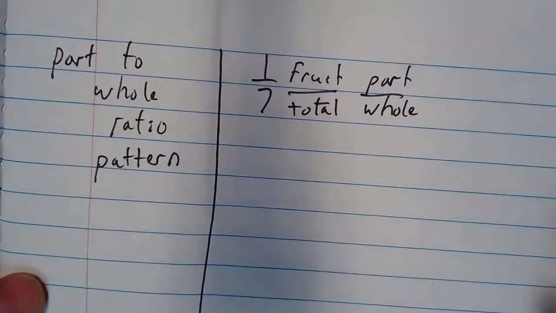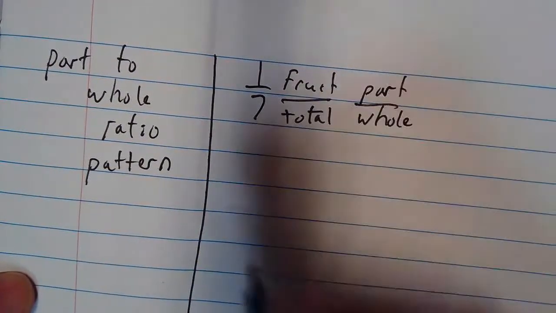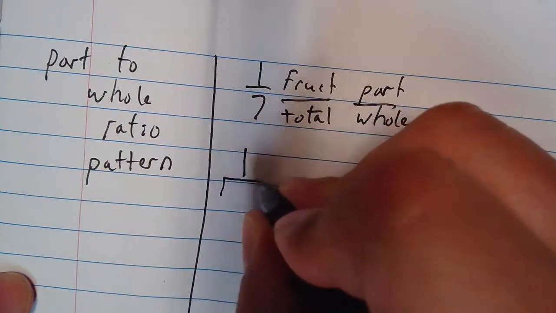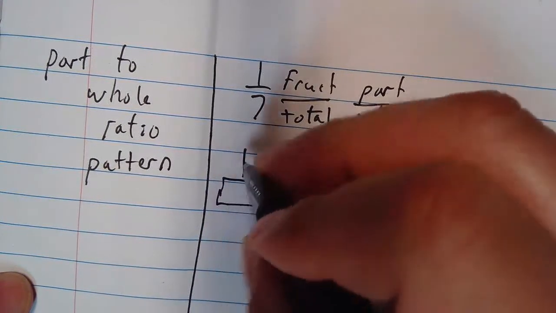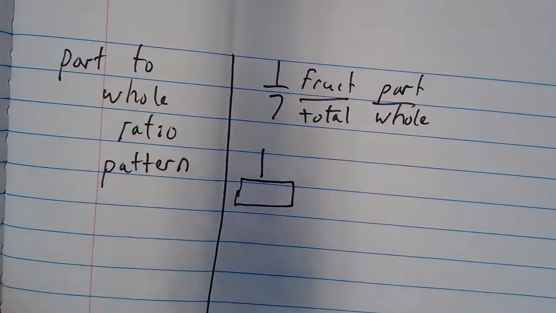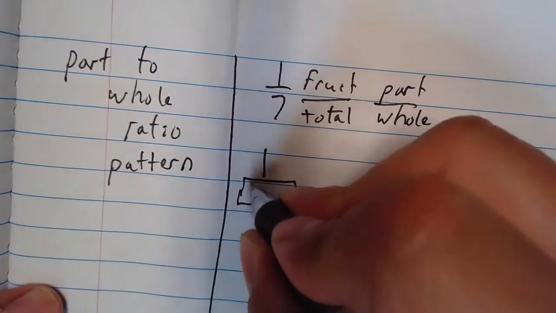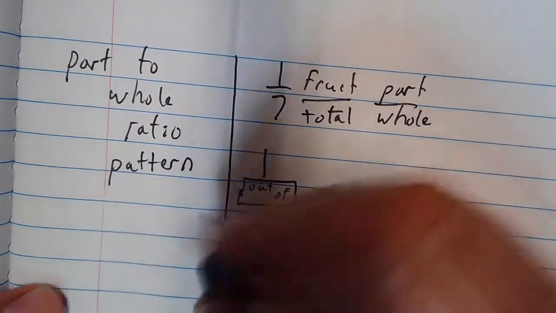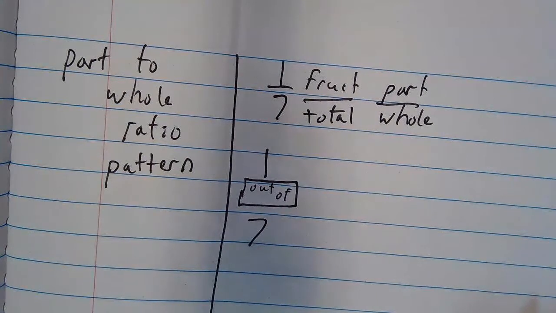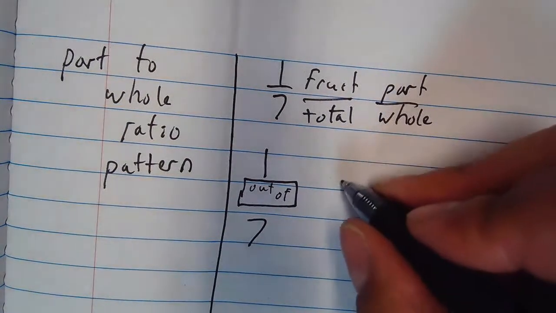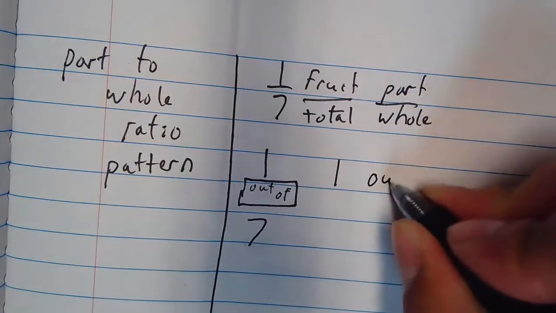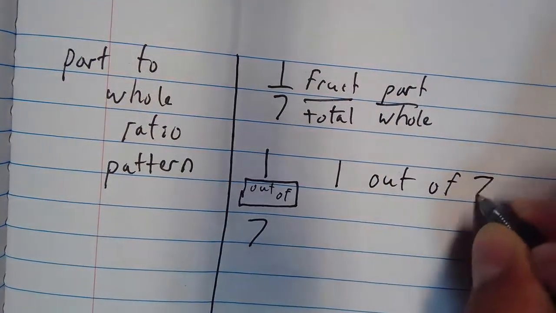You're going to laugh when you see how easy it is. Okay. 1. I'm going to change the fraction bar. I'm going to write 2 words in there. Out of 7. 1 out of 7 people.